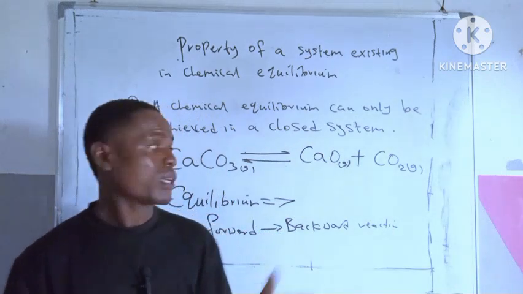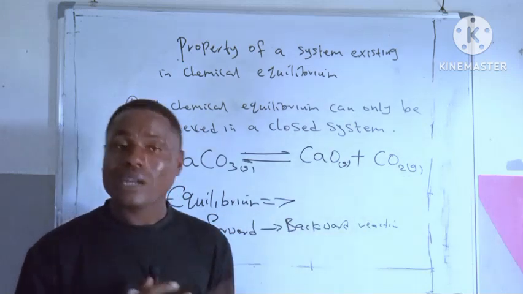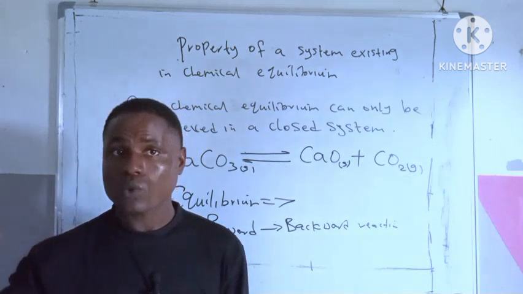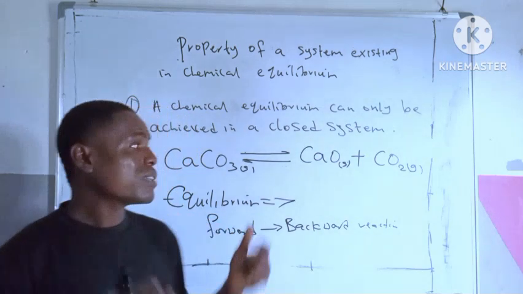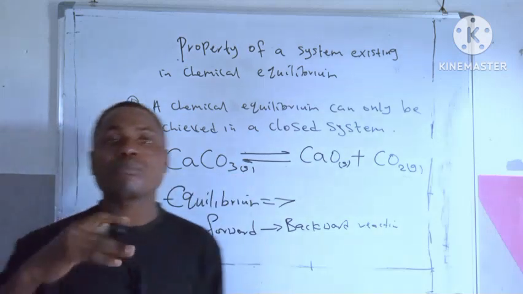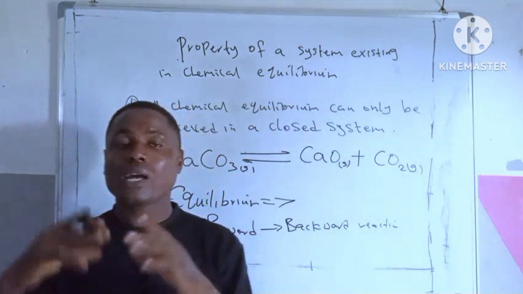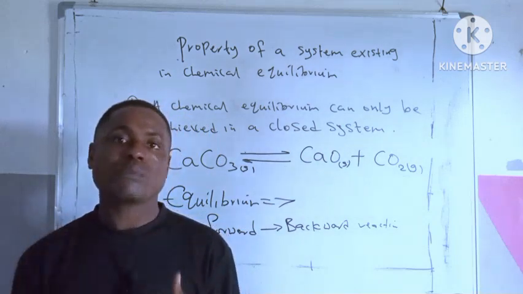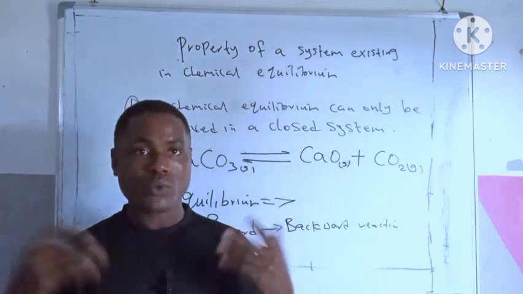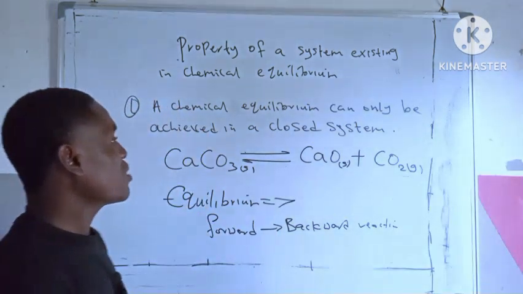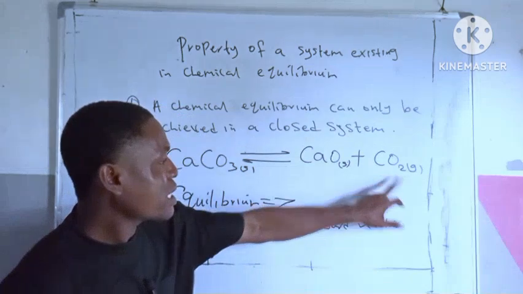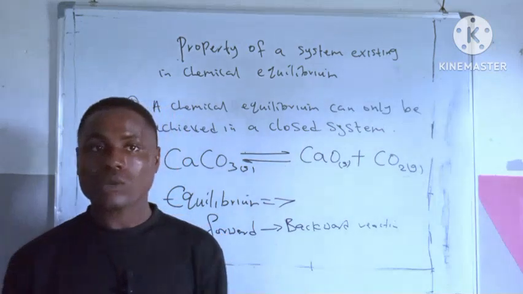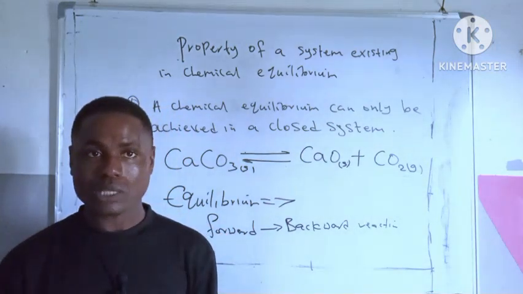Since it is a gas, it won't be stable outside a vessel. So by escaping into the environment, the chemical reaction will not attain the equilibrium state or equilibrium point again.